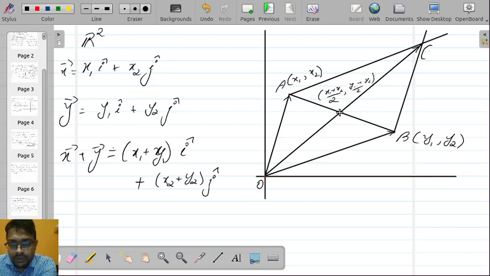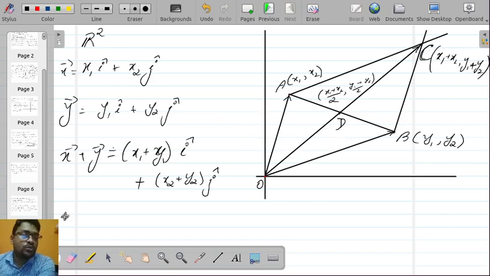Say D is the midpoint of AB, and D is also the midpoint of OC, because the diagonals of a parallelogram bisect each other. So C is just x1 plus x2, y1 plus y2. That is the natural way of adding vectors.